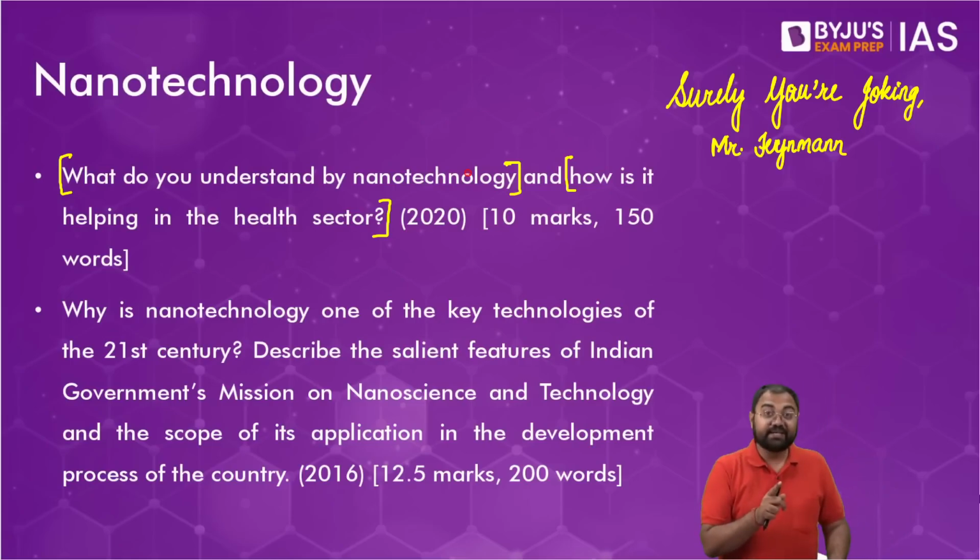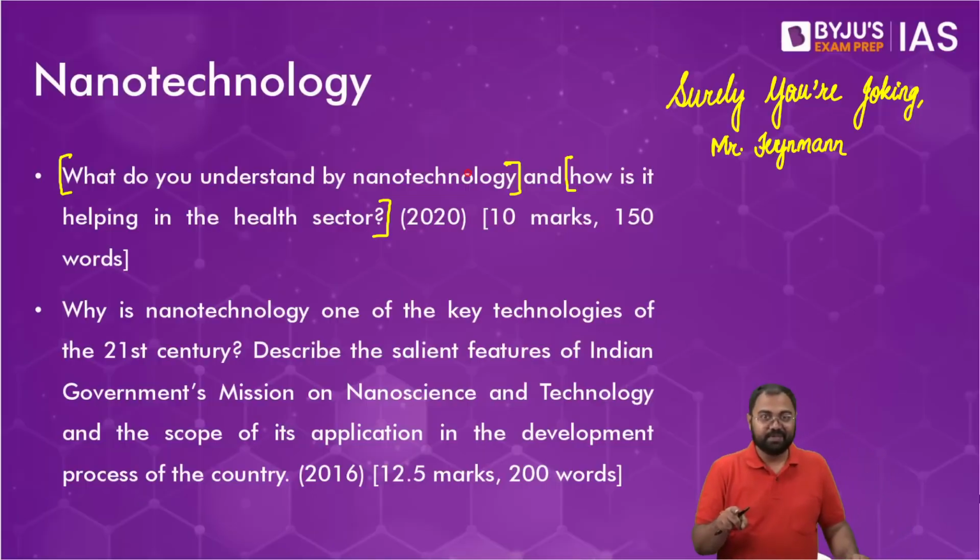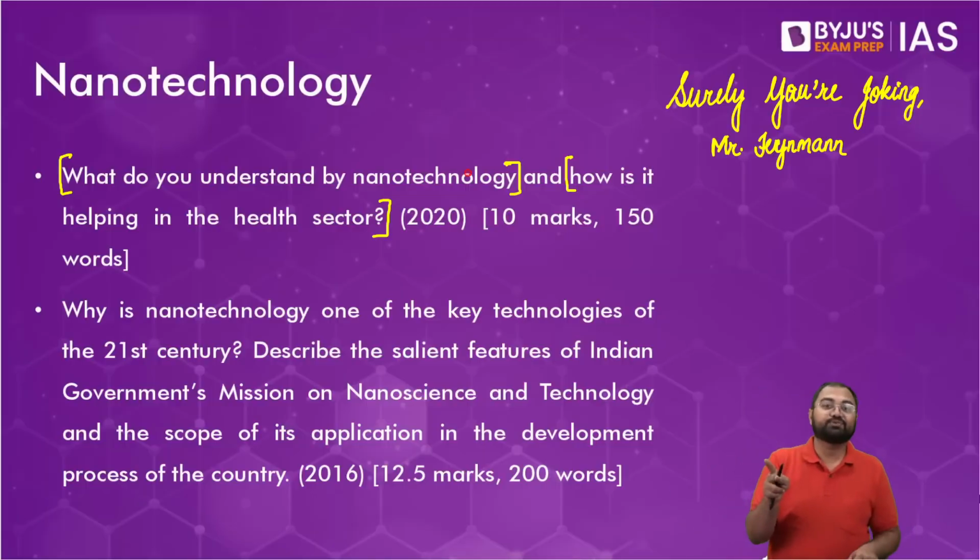But in this case, the question says, what do you understand by nanotechnology? And then the second part is, how does it help in the health sector? So there are two parts to this answer. First, you will also write about nanotechnology because they have explicitly asked what it is.